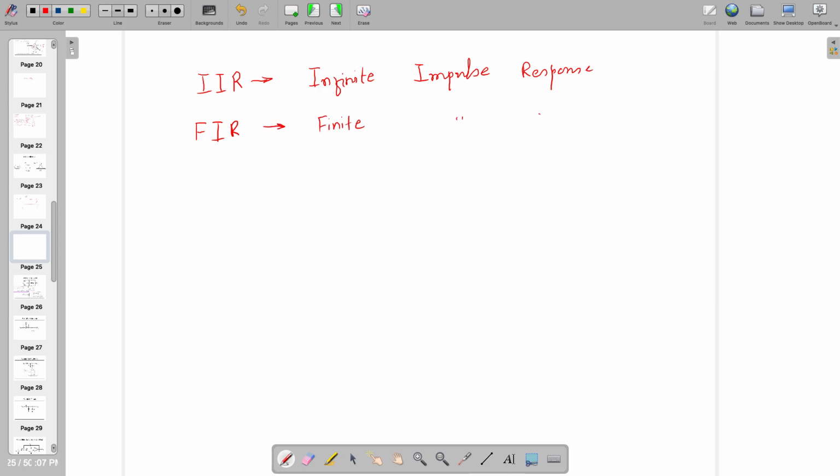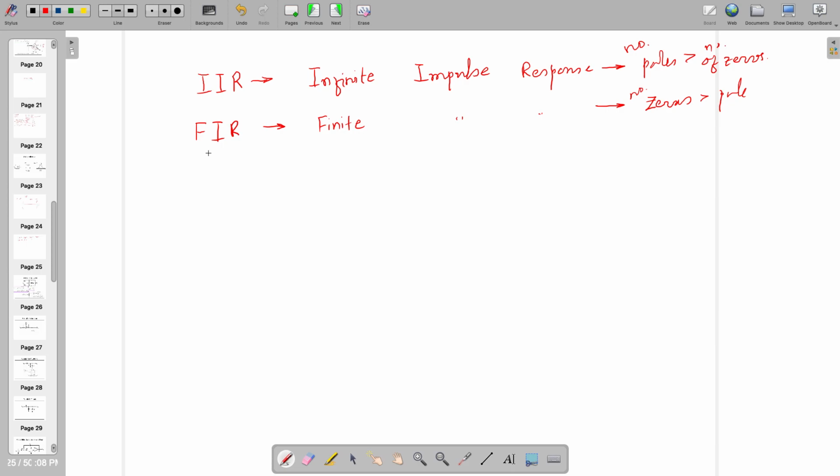In short form, we call them IIR filter and FIR filter. IIR filters are the ones which have a greater number of poles than zeros, or sometimes only poles. But if you have just zeros or more zeros than poles, then you can make it a finite impulse response.